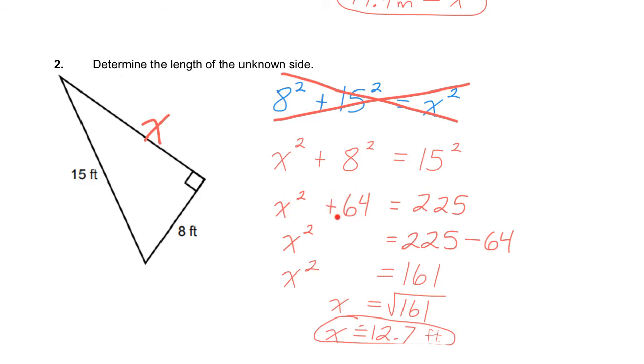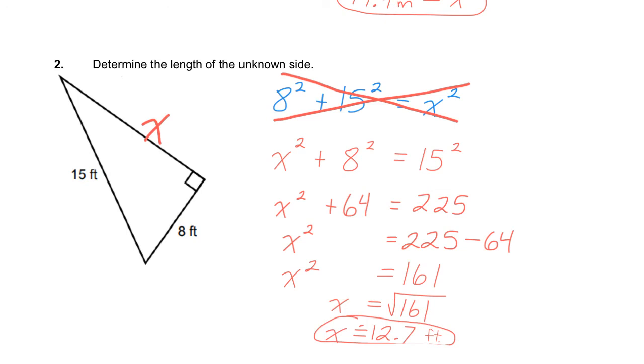So hopefully you remembered when you cross the equal sign, you have to do the opposite operation. So I have to subtract 64 from 225. That gives me x squared equals 161. To find x, I have to do the square root of that, which gives me an answer of approximately 12.7 feet.